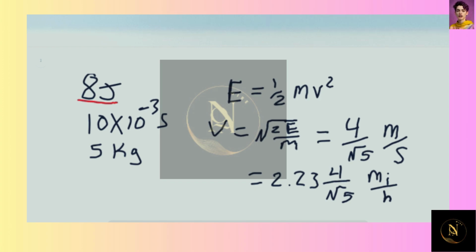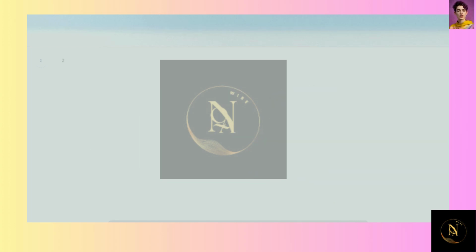Right. Now we want to know the acceleration of the passengers. So let's get a new whiteboard up. So now we basically just say acceleration is equal to the change in velocity over change in time, right?